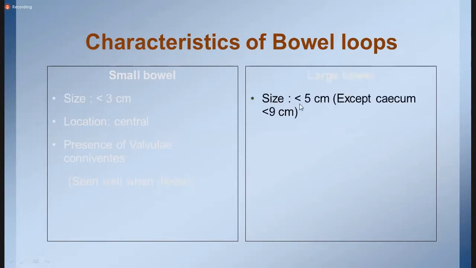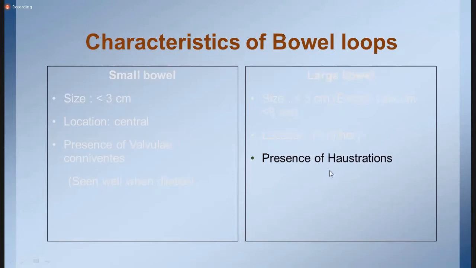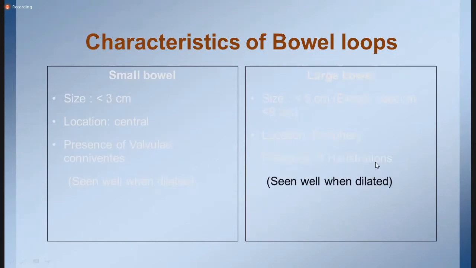Similarly, large bowel is usually less than 5 centimeter, except for the cecum, which can be as big as up to 9 centimeter. And the location of large bowel is periphery, and there is presence of haustrations. Here we have valvulae conniventes, and here we have haustrations. Then it's also well visualized when it's dilated.